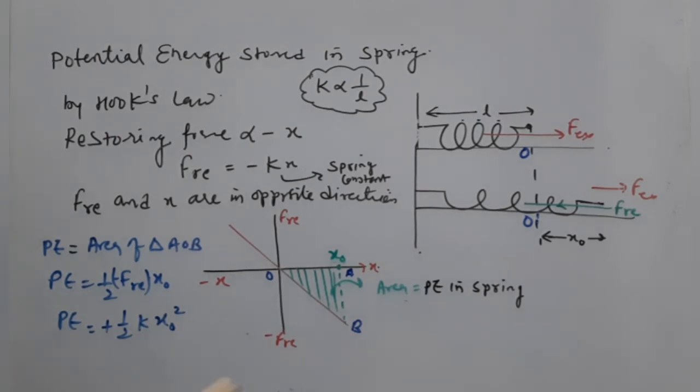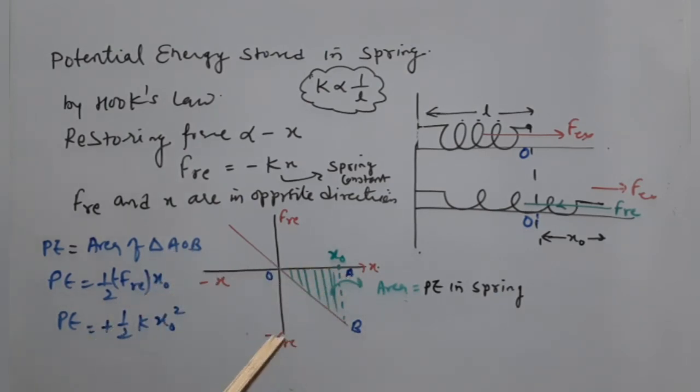As we plot the curve between restoring force and extension, we get a straight line, and the area enclosed by the line with the extension axis gives us potential energy in the spring. So potential energy is equal to the area of triangle AOB.